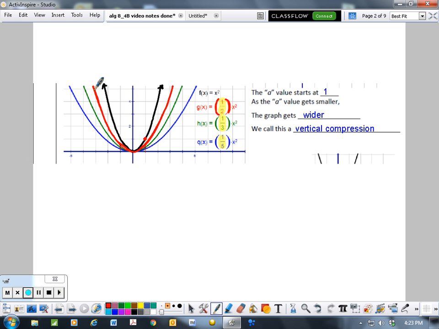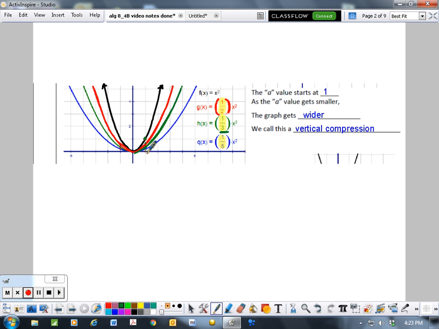And then what happens if we drop it down to 1/3? It takes this point and drops it down to 1/3, so it becomes even wider. So as that fraction becomes smaller, closer and closer to 0, the graph gets wider. And we call that a vertical compression because it's like we're taking this point and pushing it down. We're compressing it down to almost nothing.